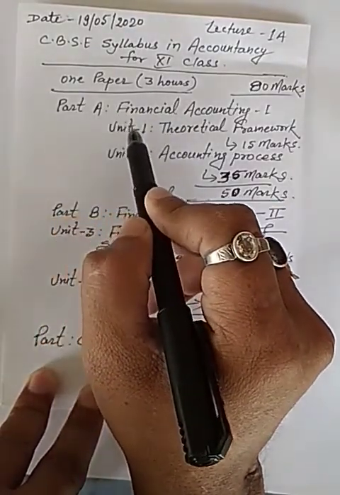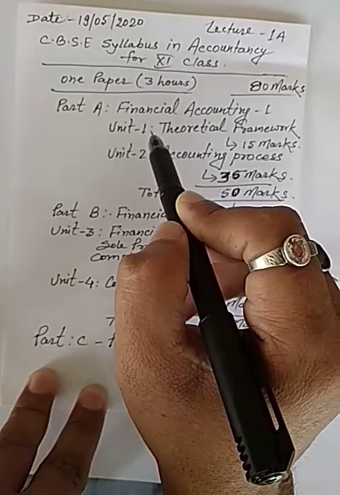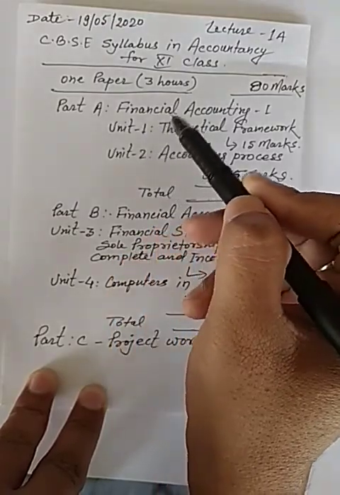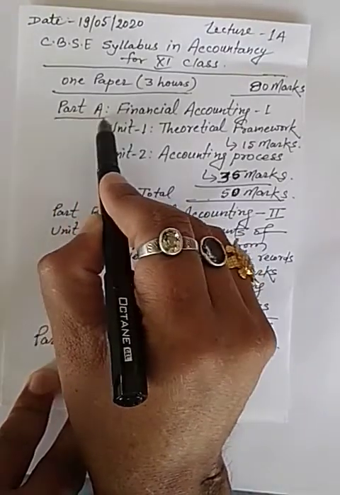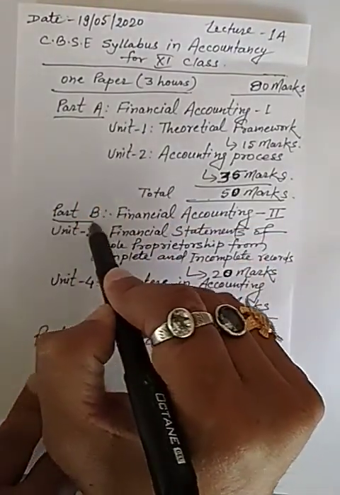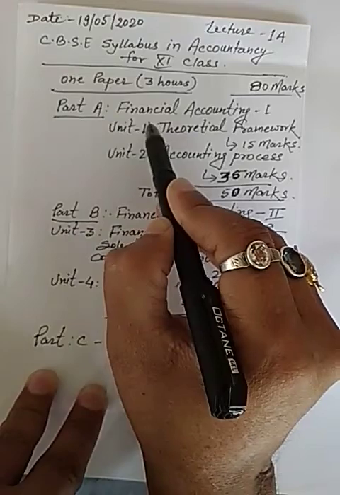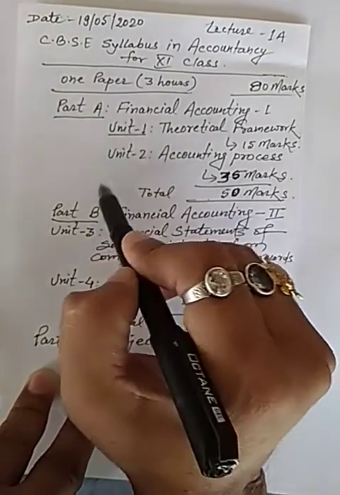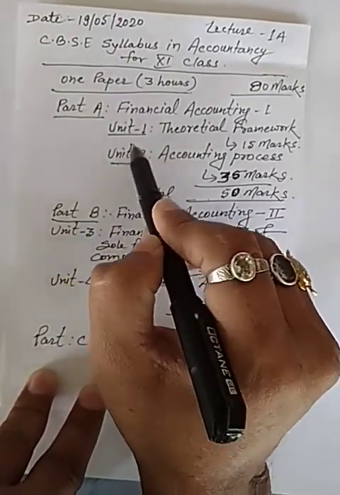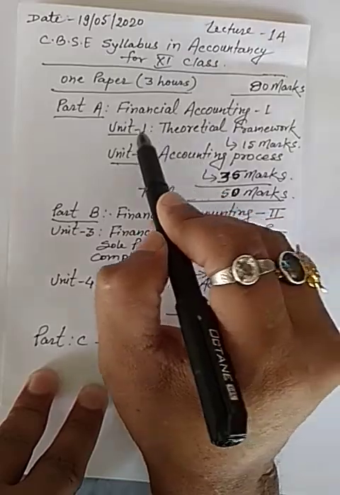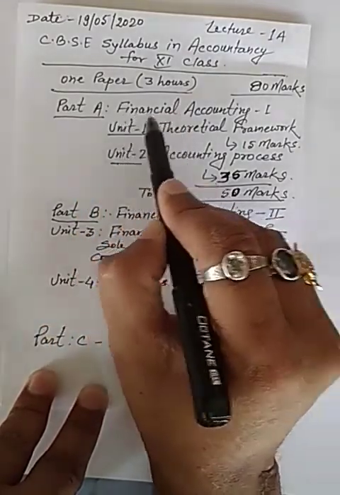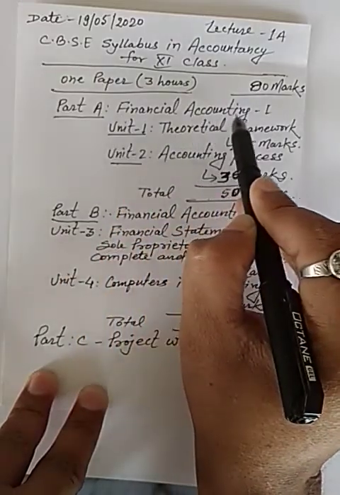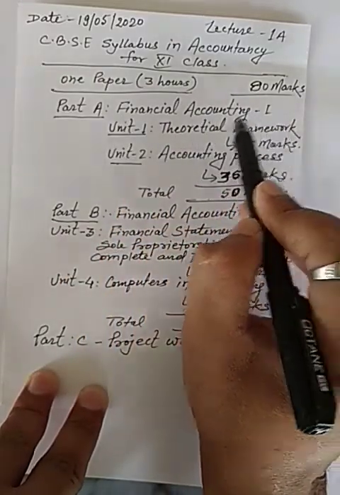The syllabus of accountancy has been divided into two parts, Part A and Part B. Part A has 2 units. First unit, financial accounting 1.